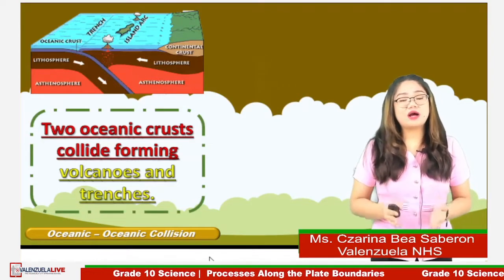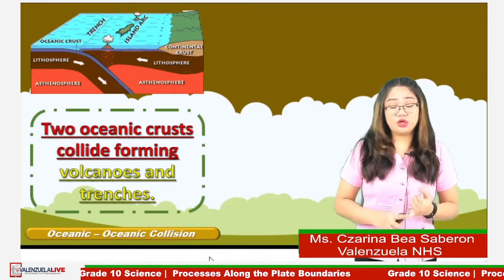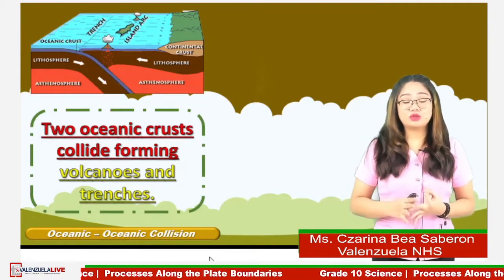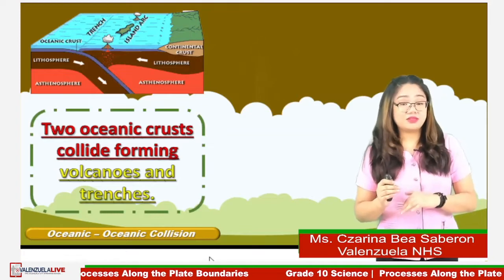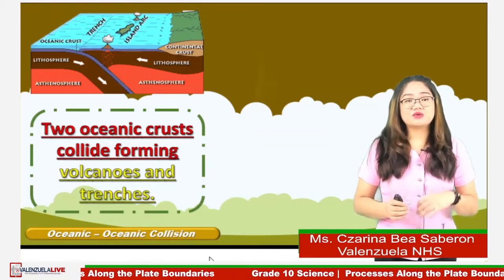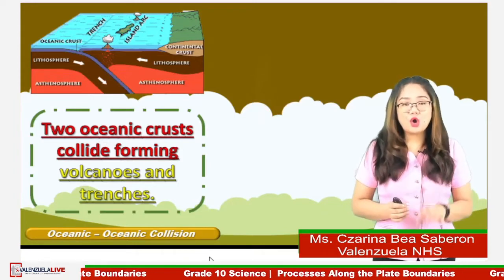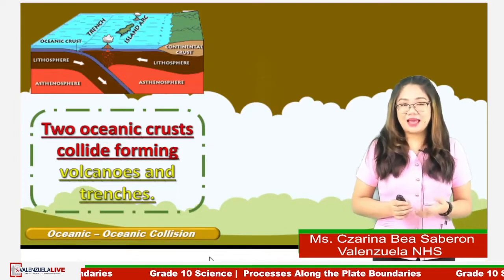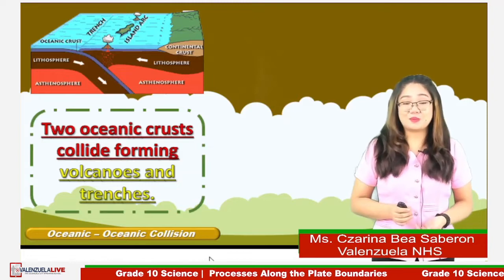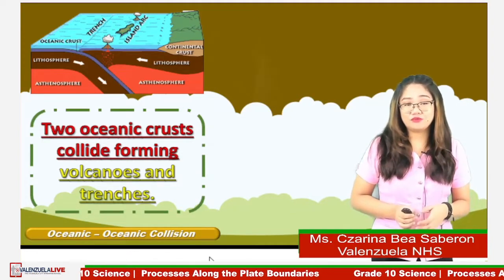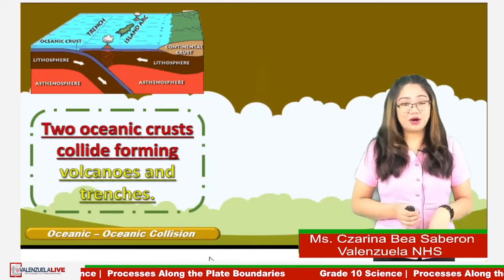The one that is much colder, much denser, and much older will subduct beneath the other. So the oceanic crust goes into the subduction zone, going into the mantle where melting happens, and of course, as the magma goes up, once again, it would form underwater volcanoes or volcanic arcs.